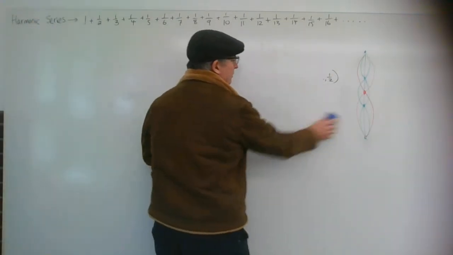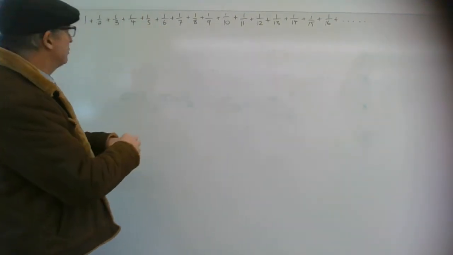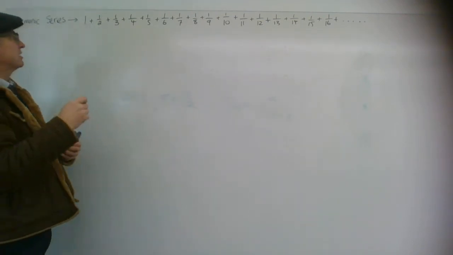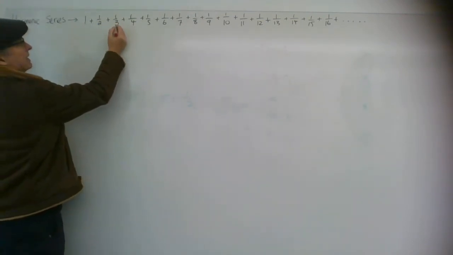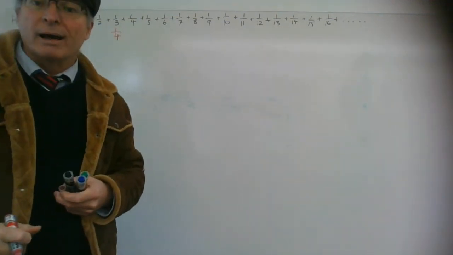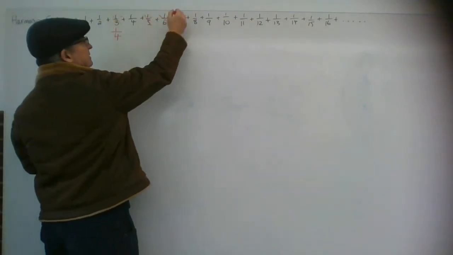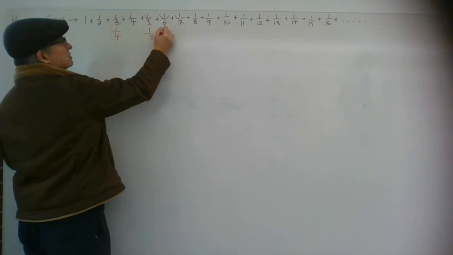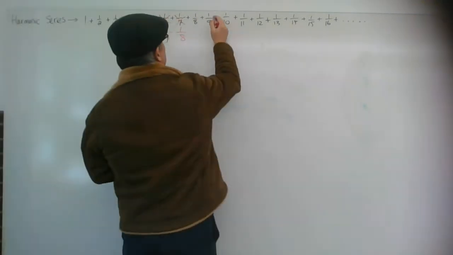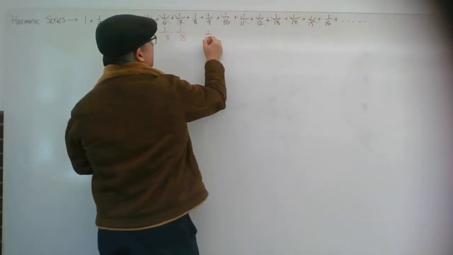Another way that we looked at it when we worked on our inequalities was to actually do some replacements. So this original series here, we could say, how about we replace the third with something that's smaller than it, a quarter. And how about we replace the fifth and the sixth and the seventh with something that's smaller? And how about we replace the 9th, 10th, 11th, 12th, 13th, 14th, and 15th with something that's smaller?